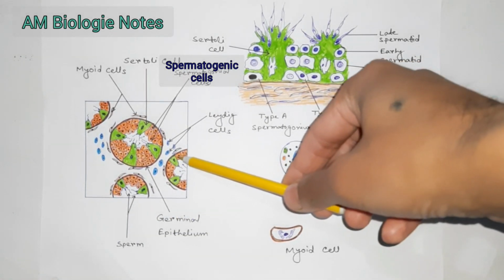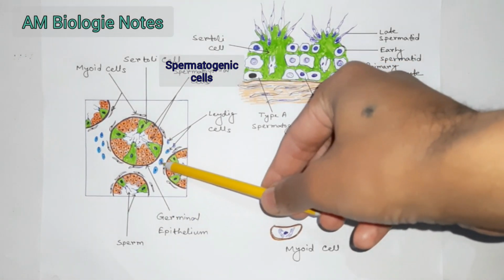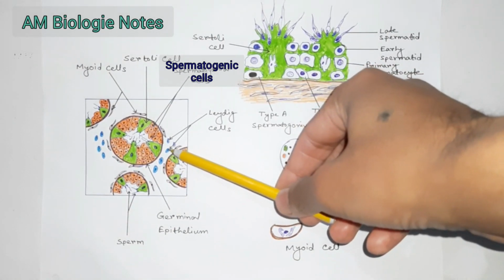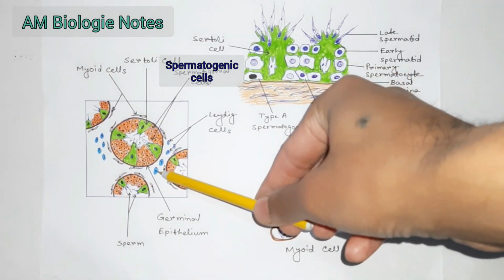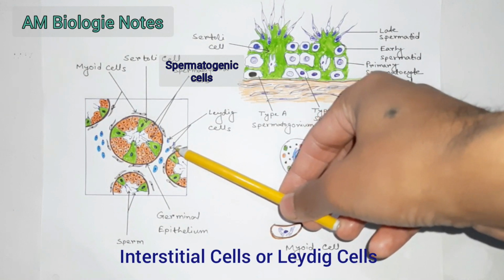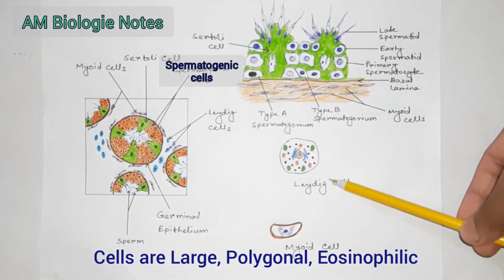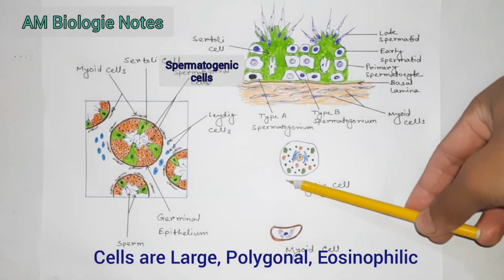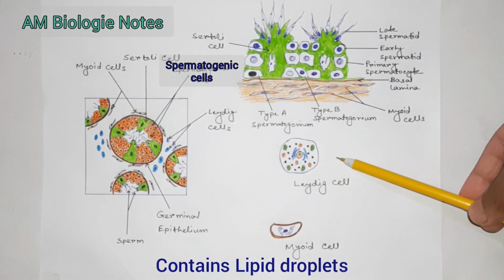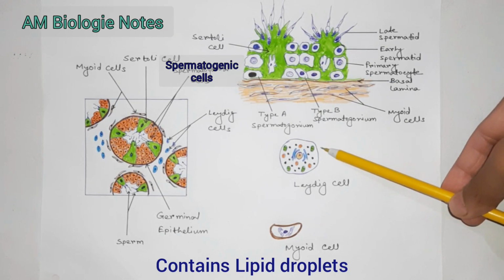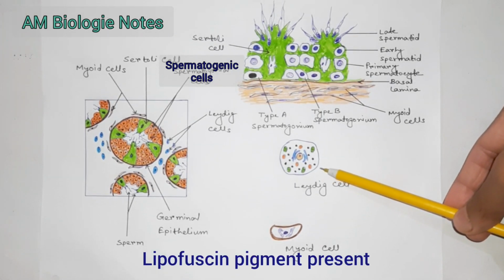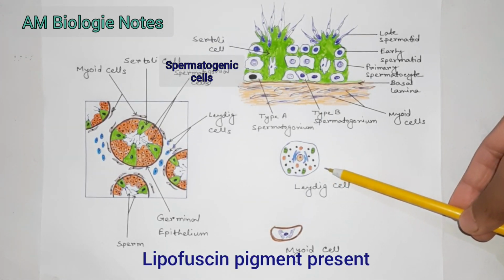Now, in between the seminiferous tubules, there are Leydig cells. These are Leydig cells. They are also called interstitial cells. These cells are large, polygonal, and eosinophilic, and typically contain lipid droplets. Lipofuscin pigment is also frequently present.